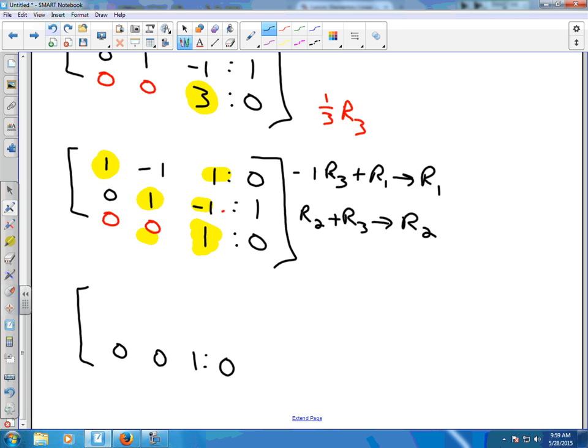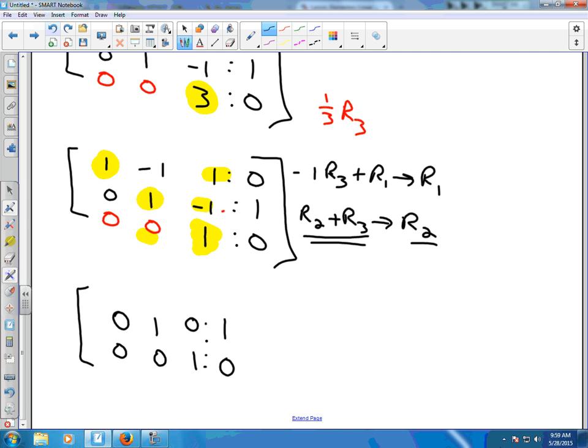So our new second row came from adding our old second and third rows together. So if we add these two together, we get 0 plus 0, 1 plus 0, negative 1 plus 1, and then 1 plus 0.